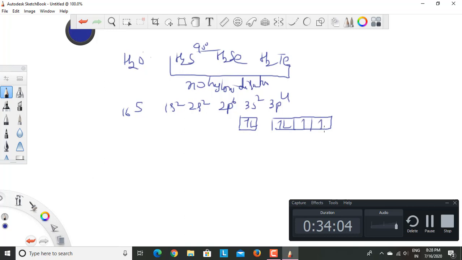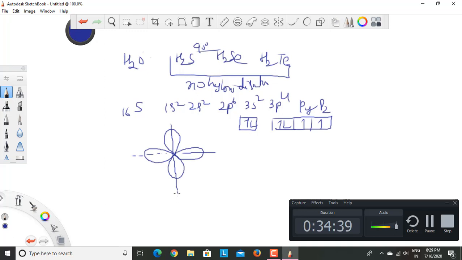Suppose hybridization is there, then sp3 all will mix and hybrid orbitals are formed. Now assume that there is no hybridization. If there is no hybridization, you will get pure p orbitals, py and pz are pure. If py and pz are pure, then py and pz, or px and py, or px and pz, are interchangeable. So we are taking py and pz, the two pure orbitals.